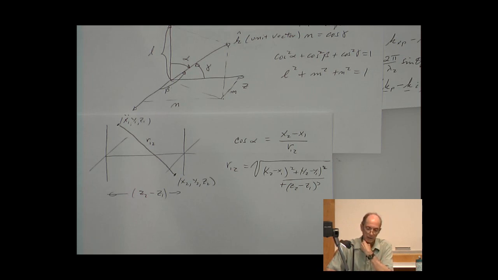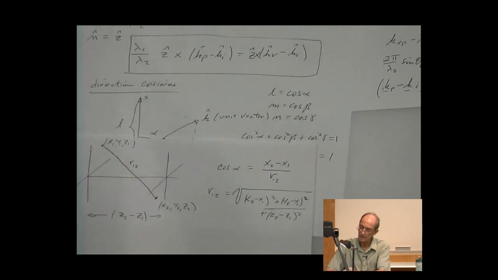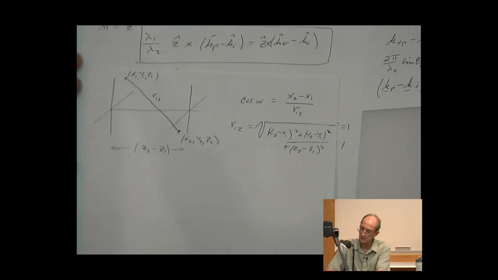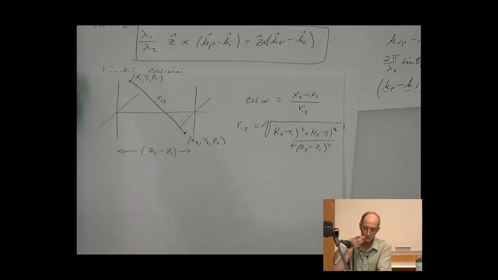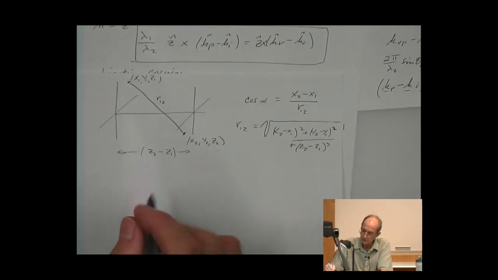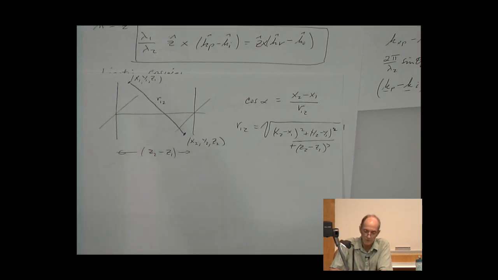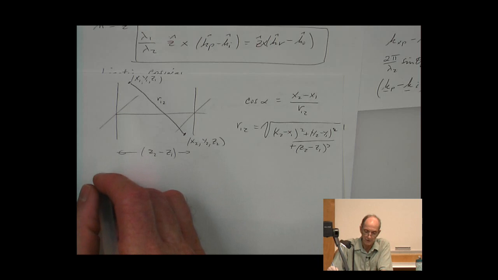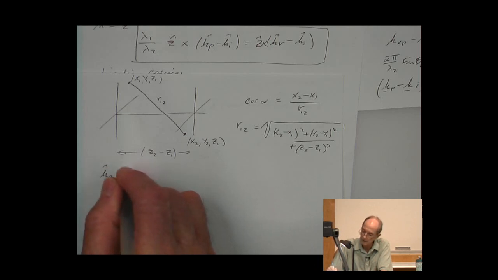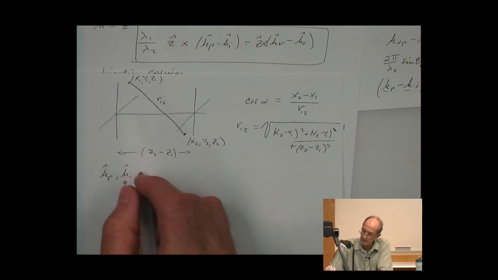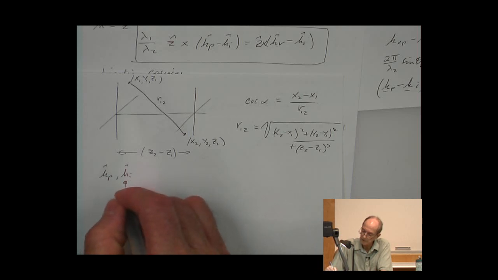Okay. All right. So now let's look at this relationship that we have up here again. Notice that we have this for any of our unit vectors. So we have kp, we have ki. This is what we're trying to get. This is what we need.